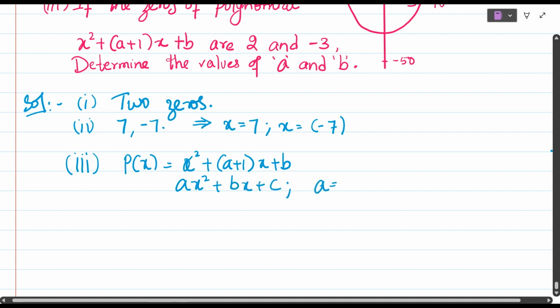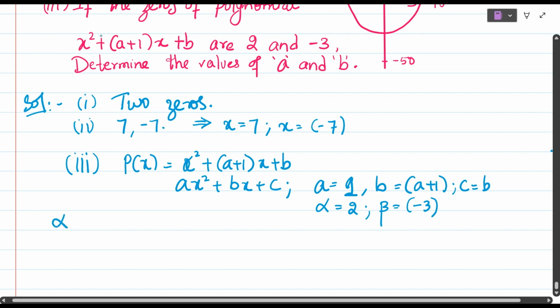So the value of a is 1 here. And the value of b is a plus 1 here and the value of c is b. The constant term is b in our given polynomial. And also they have given the zeros, alpha is 2 and beta is minus 3. Okay, so now how to find a and b?